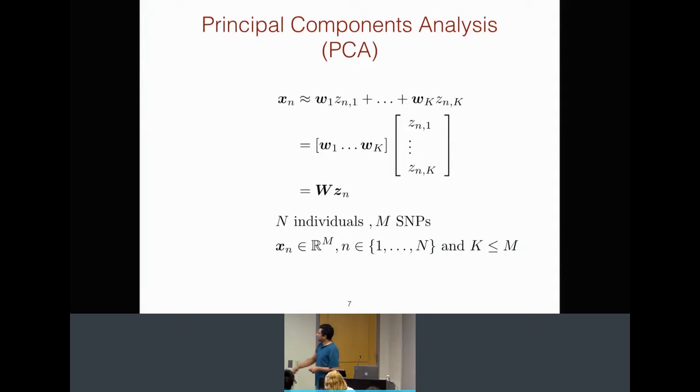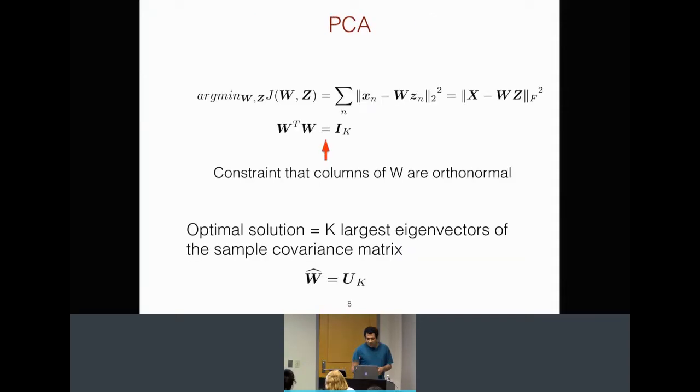So we want to identify both the W and the Z. And so the goal of principal components is to find a W and a Z so as to minimize this approximation error. Precisely, you have your original data, your original genotype vector xn, and this is the approximation from PCA, and you want to minimize the error between the original data and the PCA reconstruction.